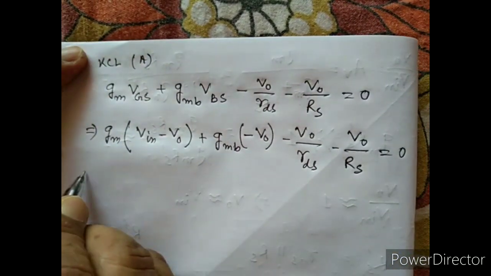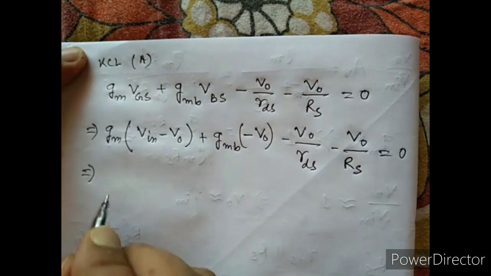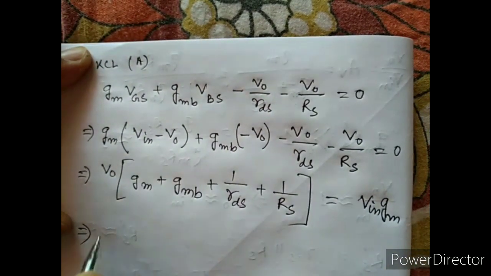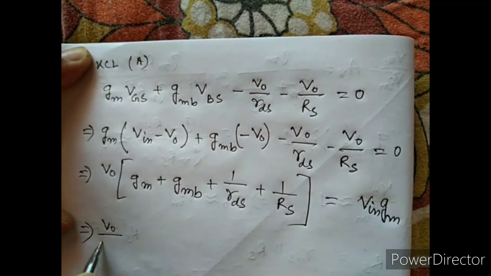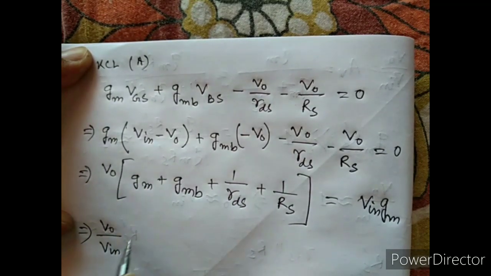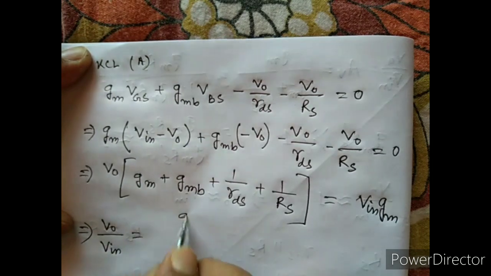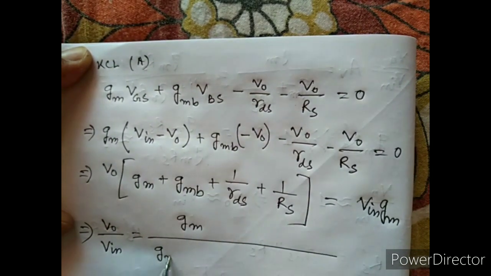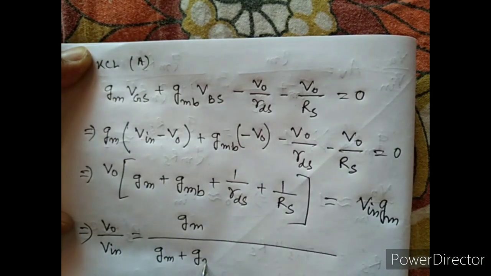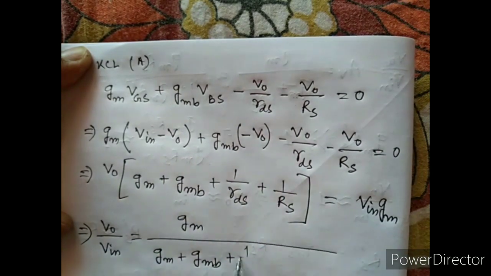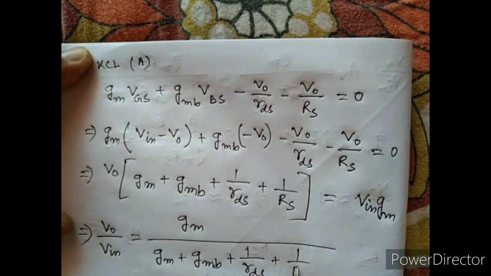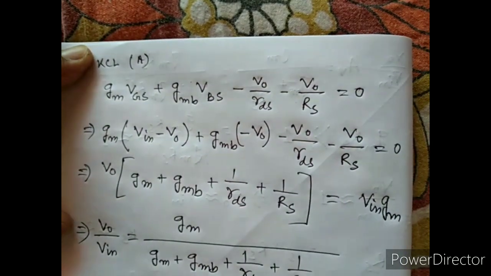So from there we can find out V0 by Vin equals gm by gm plus gmb plus 1 by rds plus 1 by RS.